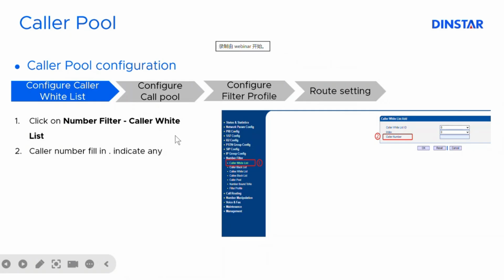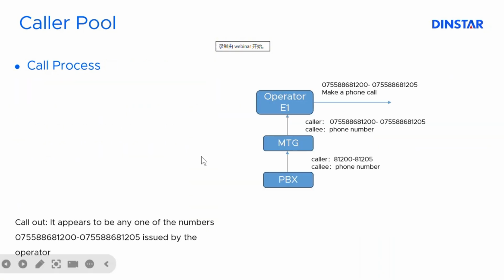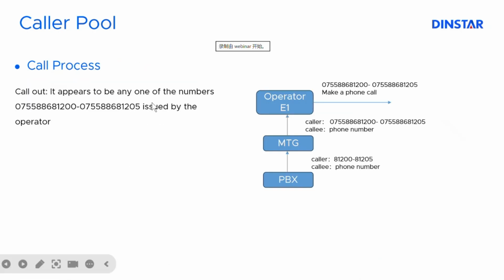So in some cases, companies require that all outgoing calls use numbers from a specific range, so that the caller ID can represent the company's identity. The carriers allocate this range of numbers to the enterprise, and these numbers represent the company's identity.